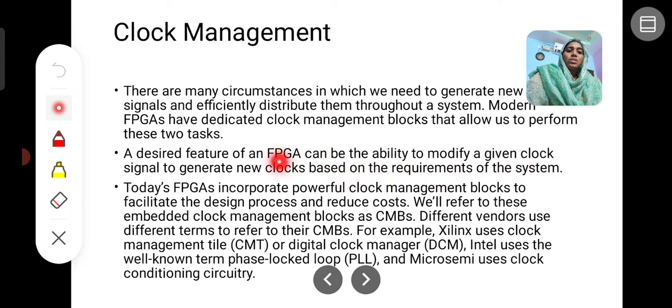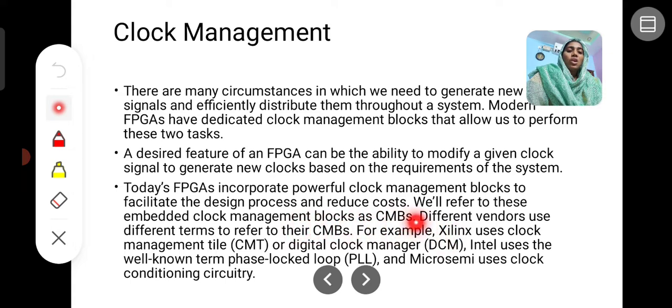For this we use the CMT. What does CMT mean? Clock management tile. Using a clock management tile, we can generate different clock sources for different devices. Today's FPGAs incorporate powerful clock management blocks to facilitate the design process and reduce cost. We will refer to these embedded clock management blocks as CMBs.